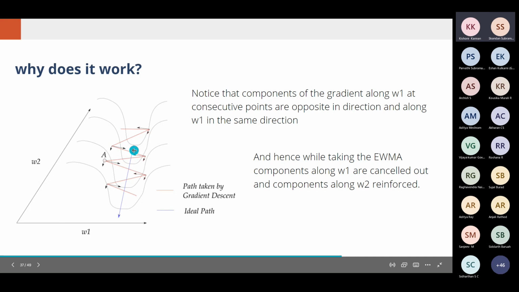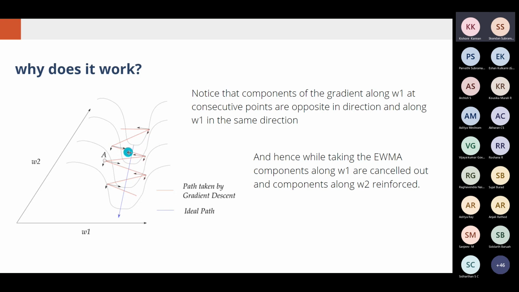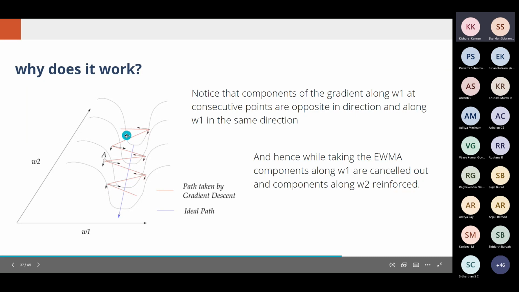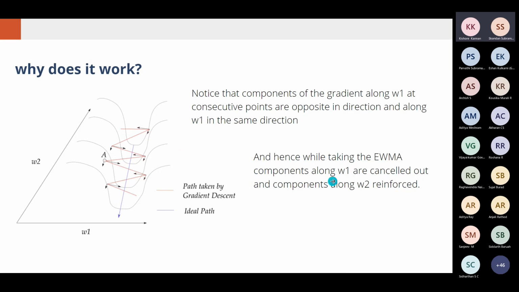Our aim is to decrease the component of, I'll call it, velocity along the W1 direction, so that we can reach the minima easily instead of bouncing off these walls.